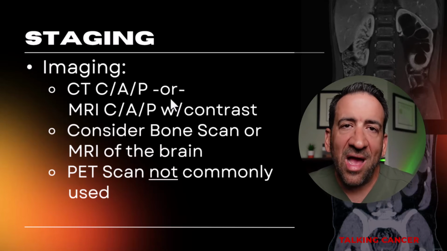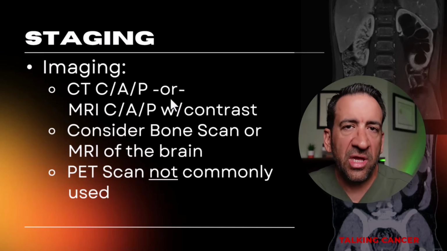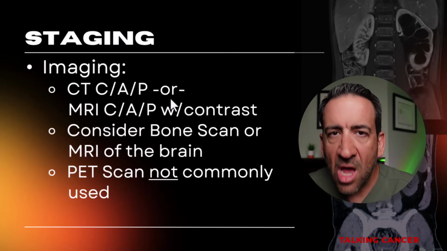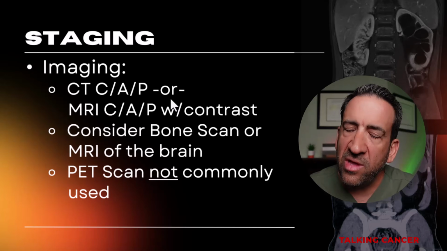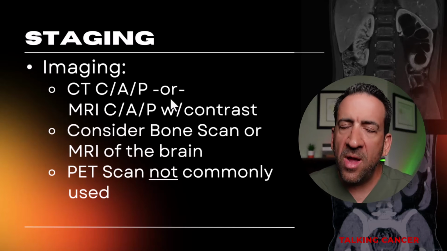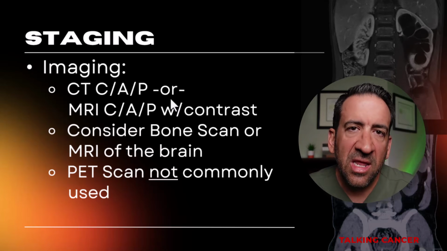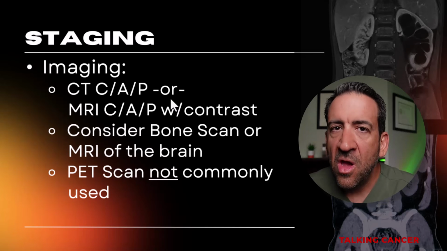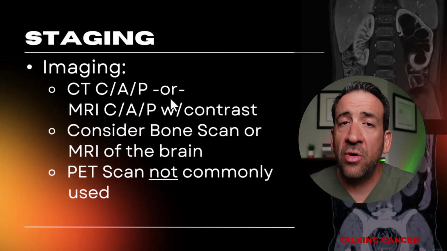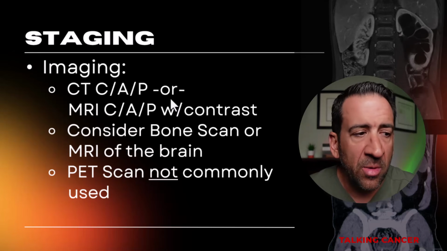And they will give a characteristic appearance on imaging where a lot of times the radiologist, in other words, the doctor that reads these films, will tell you, you know what? That mass in the kidney is highly suspicious for a kidney cancer, also known as a renal cell carcinoma.